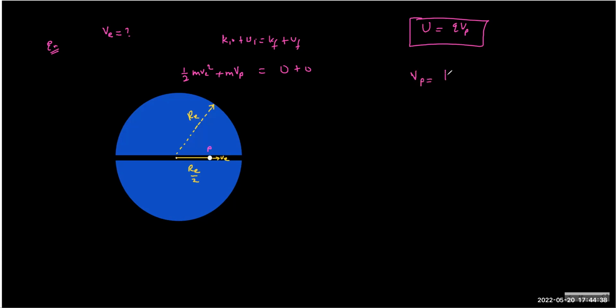If you remember, it was like kq by 2r cube into 3r square minus r square. Do you remember this formula? So in electrostatics, we had this formula. Hopefully you can revise and get to know this.